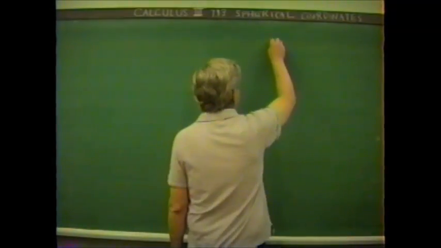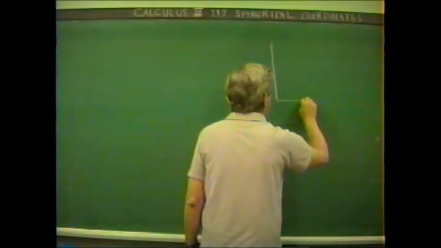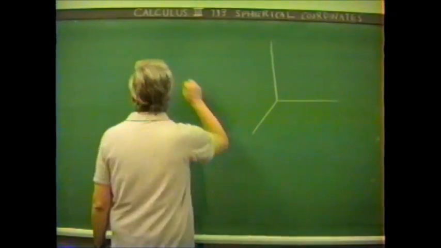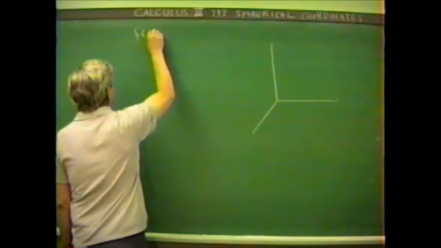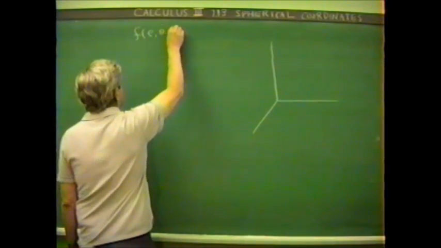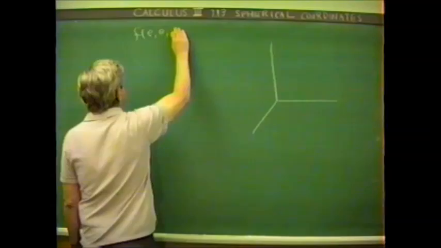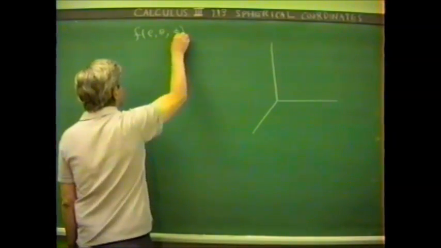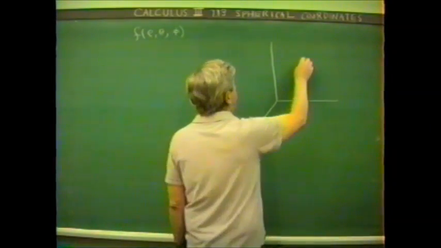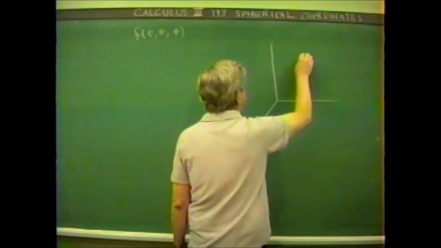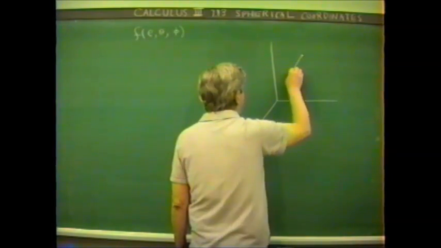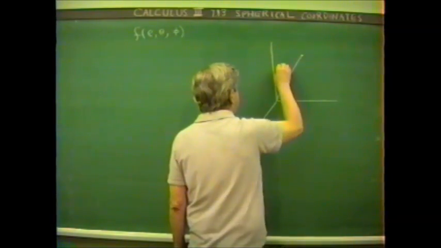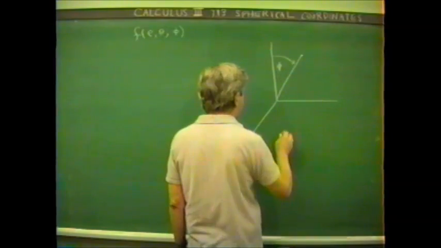Now let's take a look at the integral in spherical coordinates, and it's a little trickier than it is in cylindrical coordinates. Suppose that we've got some function of rho, theta, and phi, having a value at each point in space, where this is the angle phi, it's this angle down in this direction.